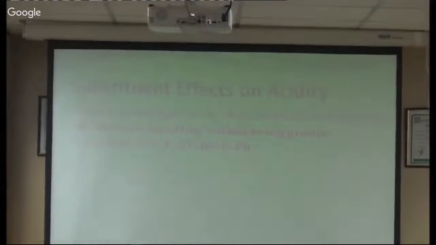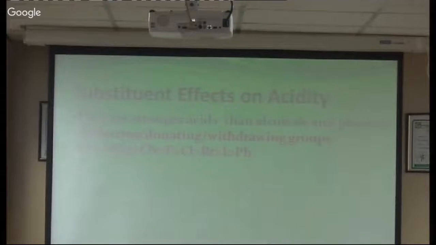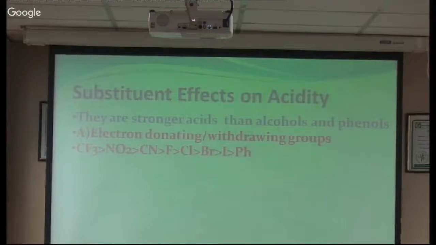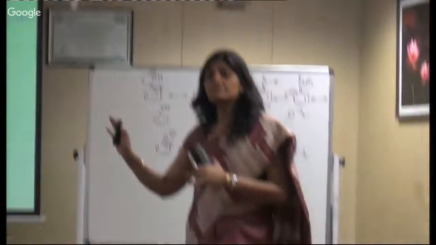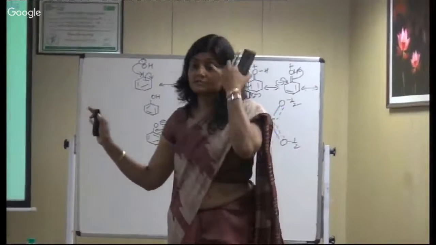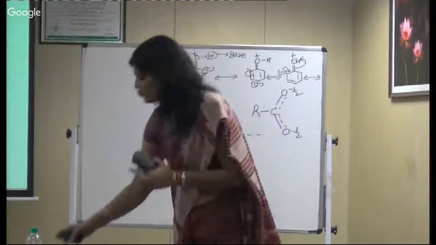So what we are going to do is, we are going to split this discussion into 2 parts. First, we will see what is the effect of electron donating groups on acidity of carboxylic acids. And next, we will see the effect of electron withdrawing groups on the acidity of carboxylic acid. Now, let me take one example here first.